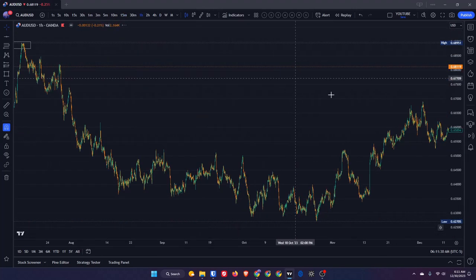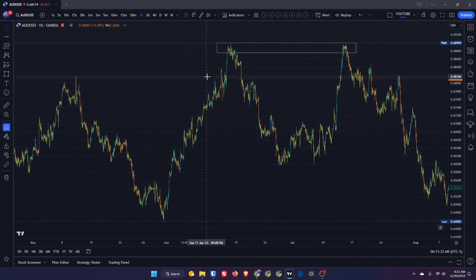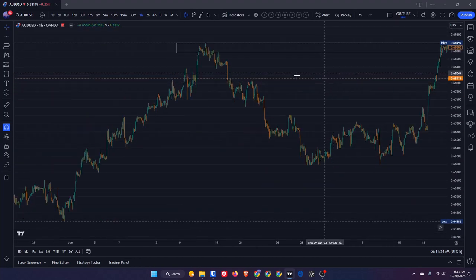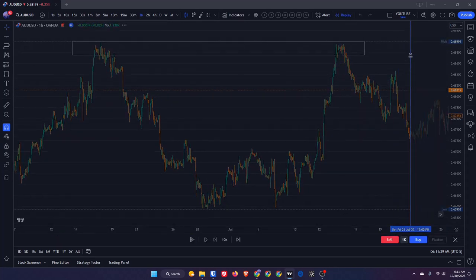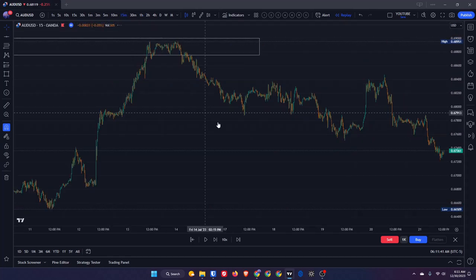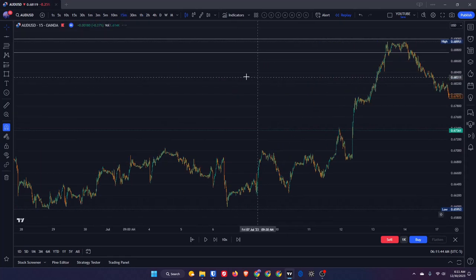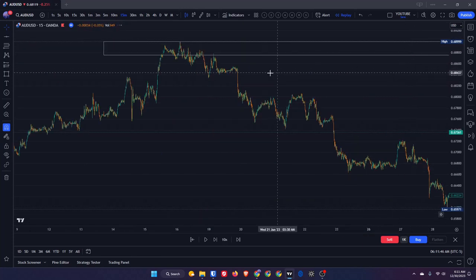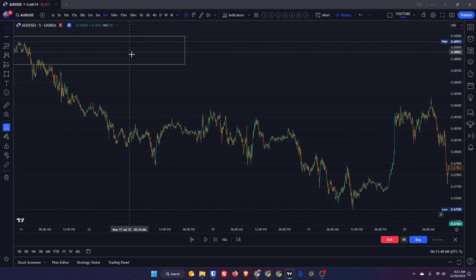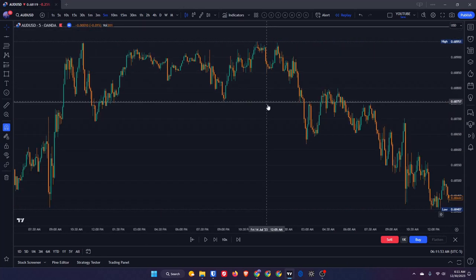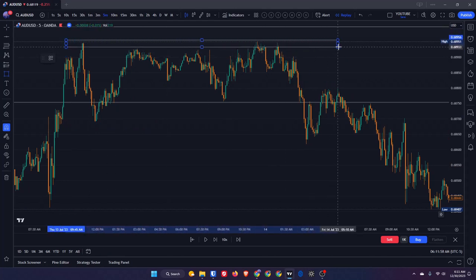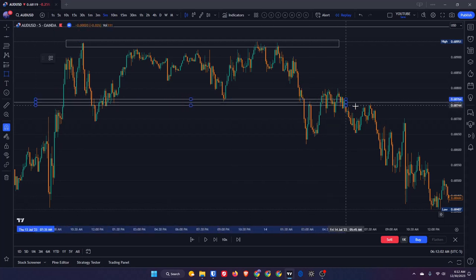On the 1 hour, it looks pretty consistent with the 4 hour and bigger time frame. But let's go on a smaller time frame and see how price moved. Here we got another mini resistance level right here, and then we also got a mini support level right here.